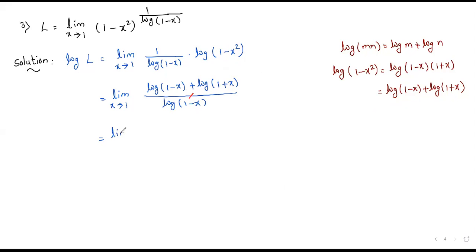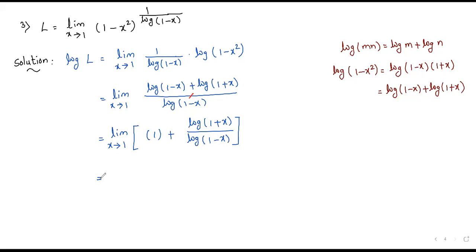This will be equal to limit as x tends to 1, log 1 minus x divided by log 1 minus x. What will the answer be? It will be 1 plus log of 1 plus x divided by log of 1 minus x. I hope the steps are clear.